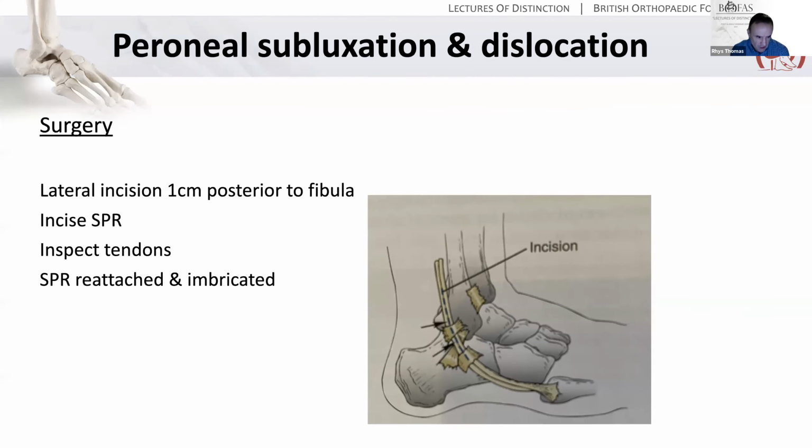But this is usually performed through an open incision just posterior to the fibula, directly over the peroneal tendons. The superficial peroneal retinaculum is incised, leaving a cuff of tissue for repair.